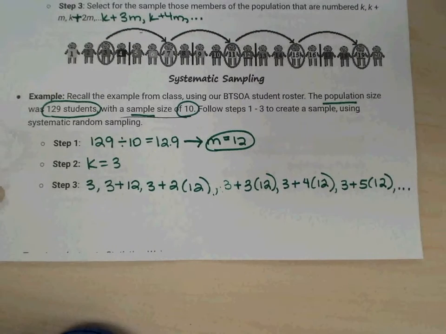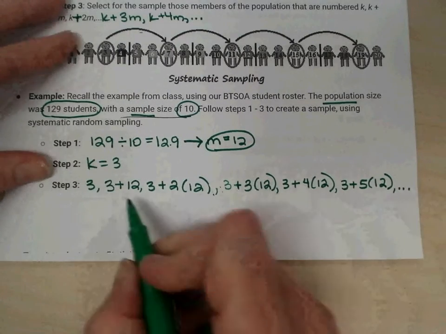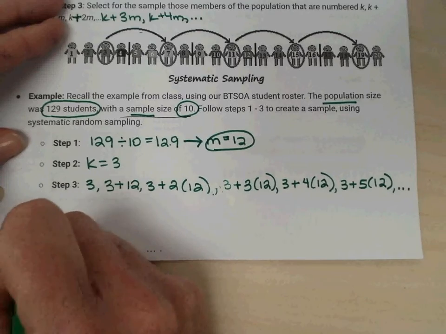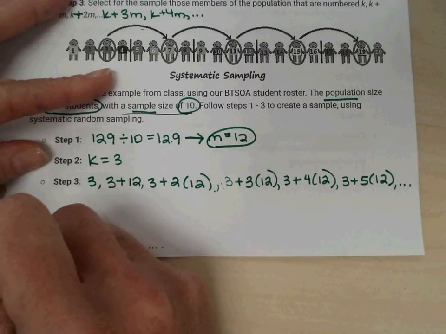I'm going to put dot, dot, dot, because we're going to see how we could do this in a little bit simpler way. So my first number in the sample is number 3. The second one, just add 12, is 15.